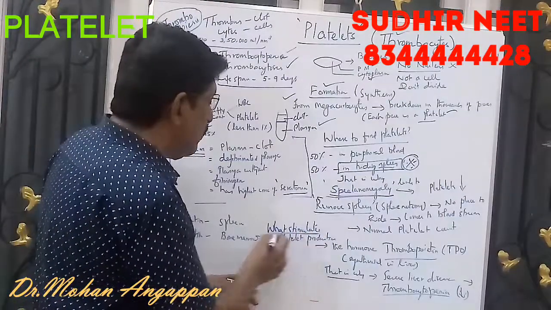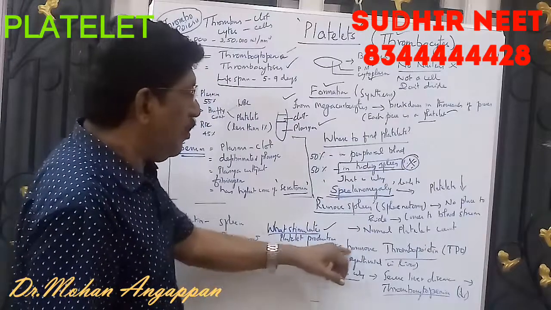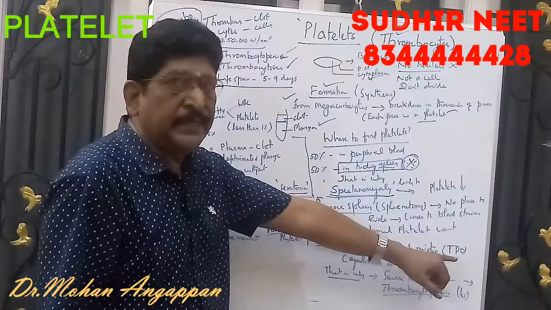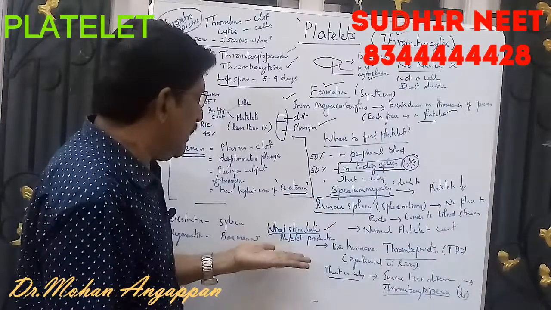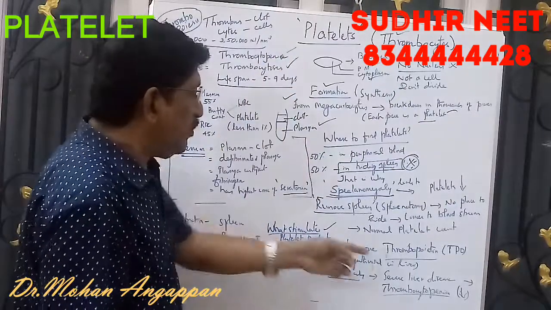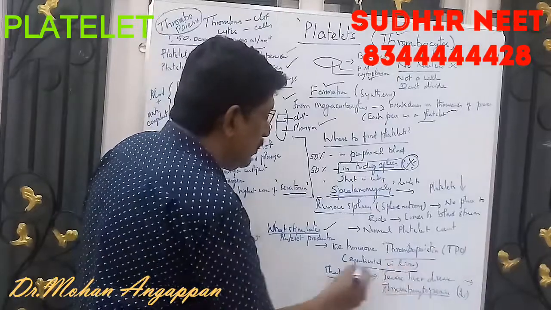Then what stimulates platelet production? The hormone thrombopoietin, TPO, stimulates the formation of platelets. This TPO is synthesized in the liver, you must know.